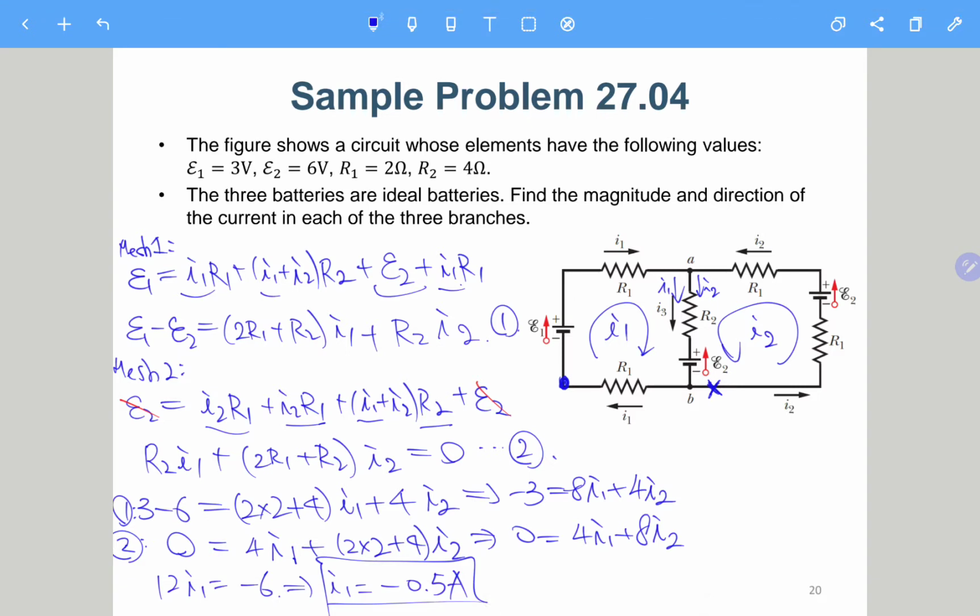And then for the second answer, we just plug it back to maybe here, and then we have 4 times negative 0.5 is negative 2. Negative 2 move to here. So 2 equals 8 I2. Then we have I2 equals 0.25.